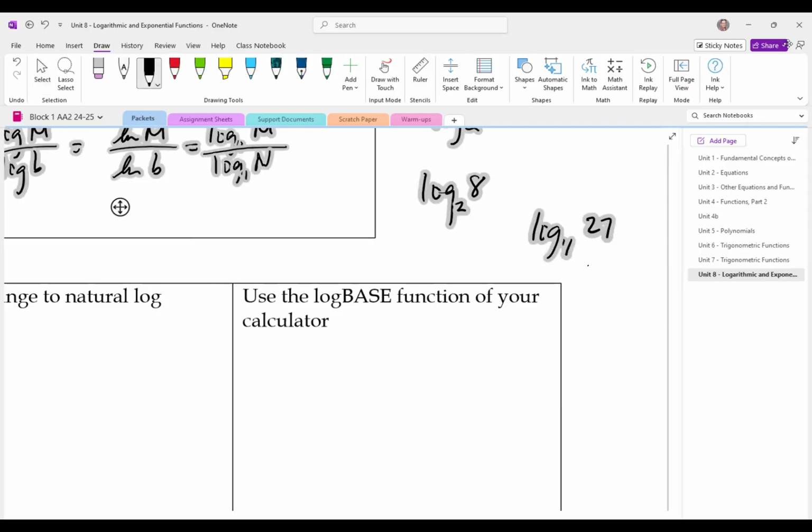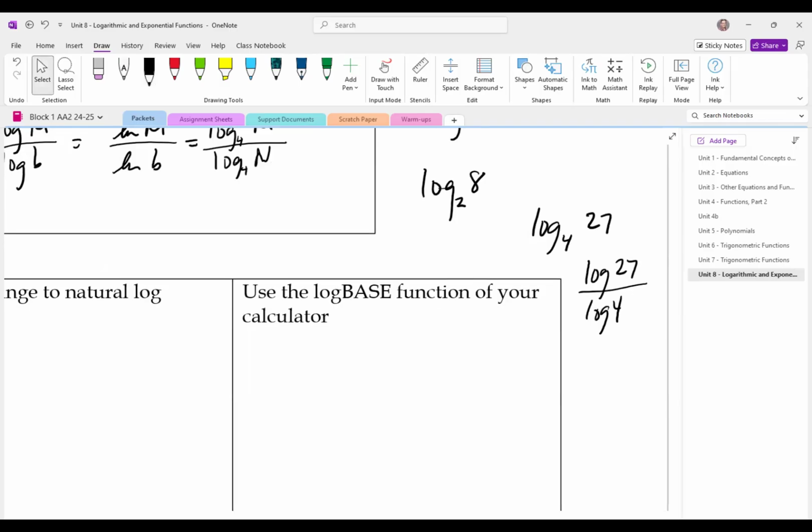I could do that by making this log of 27 over log of 4, and suddenly I just type this in my calculator. You know what the answer is going to be? Between 2 and 3. It just gives us a tool to calculate based on sort of limited technology. So great, thank you. Really great questions.